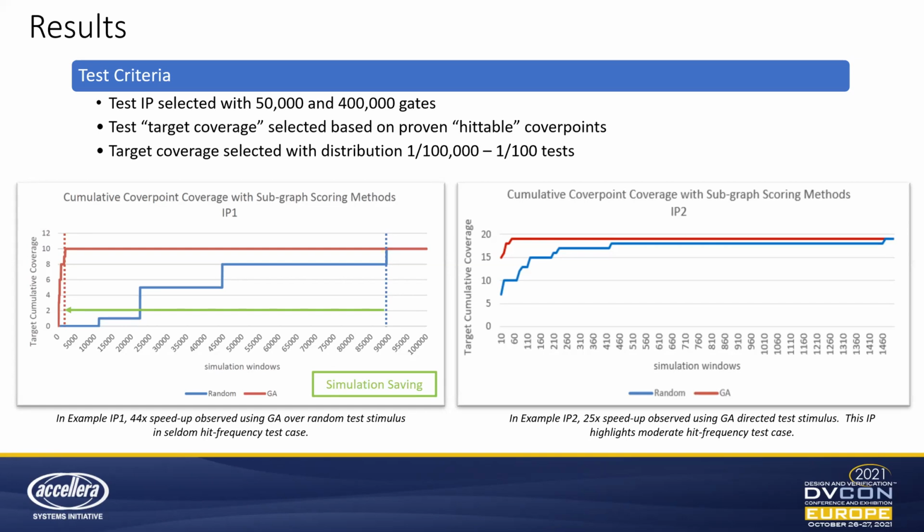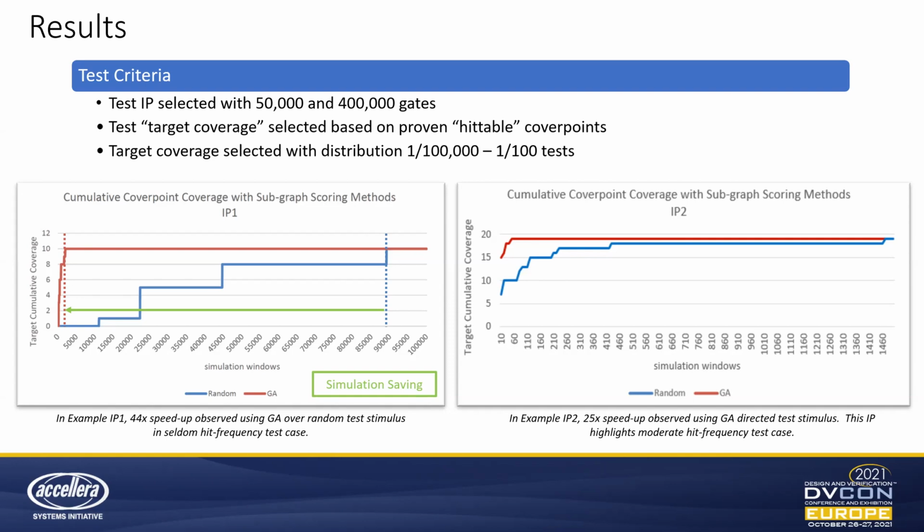In the second example, IP2 on the right, the blue line again represents a purely random test, typically reseeded to hit this coverage. This IP has a less pronounced rare distribution, as seen here in the number of the effort required on the x-axis.